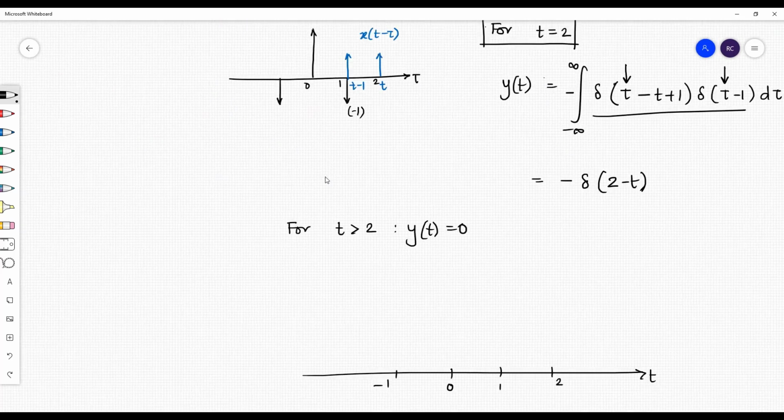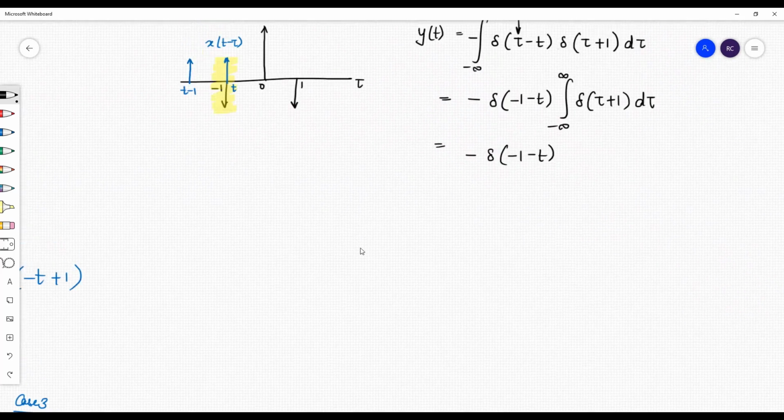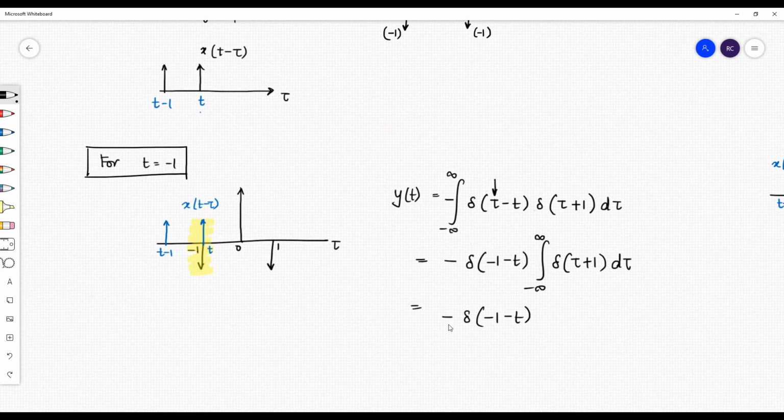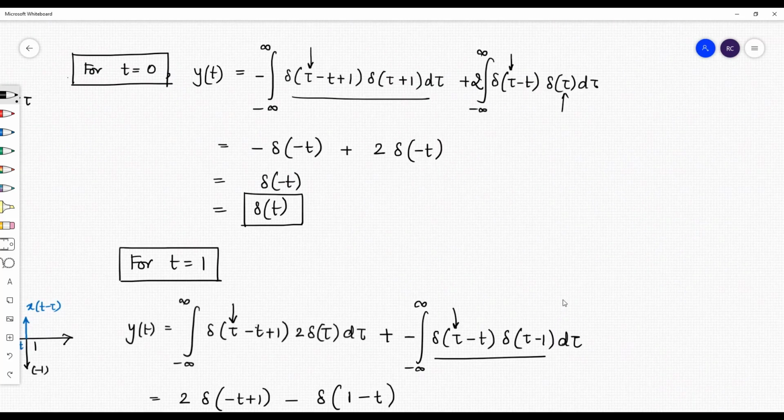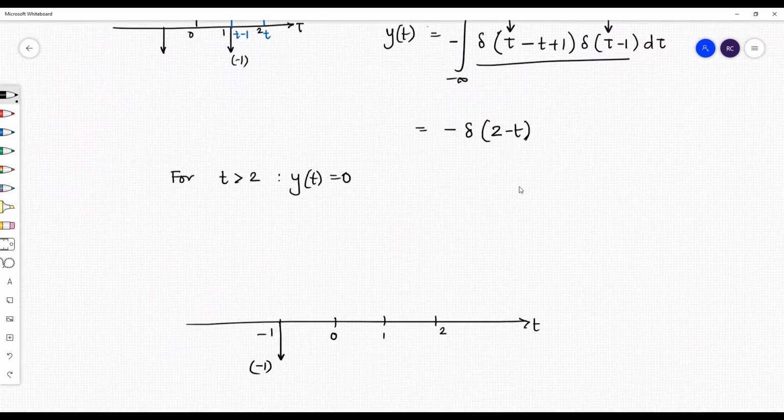Let us check. At minus 1, what we had got? We had got an impulse delta of minus 1 minus t, which we had concluded is an impulse situated at minus 1 having a strength minus 1, right? At t equal to 0 is an impulse delta t having strength 1.